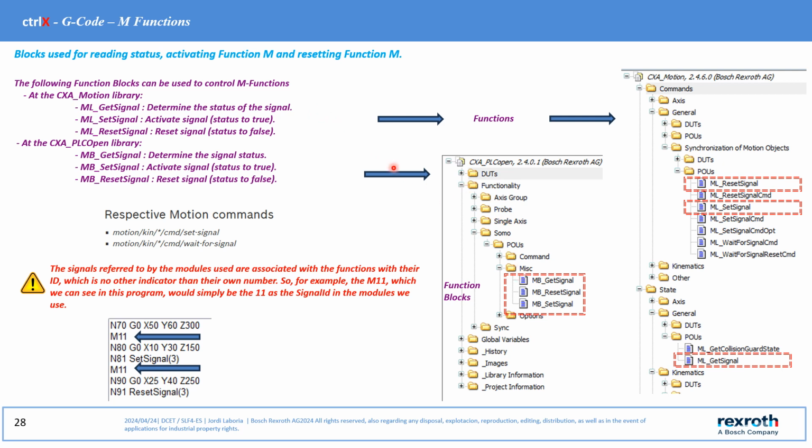The second is the CXA PLC Open that uses in this case function blocks and that are located in this folder. Signals used on M11, for example, refer to the identification in the modules using only the numeric indicator, which will be associated with the module's input signal ID.